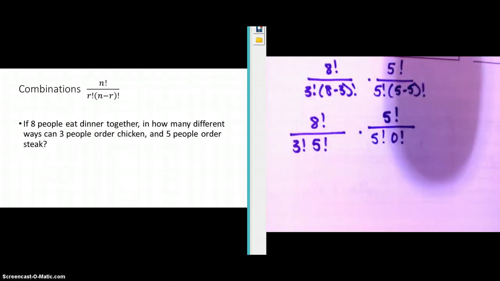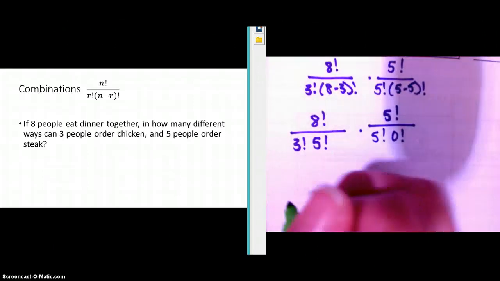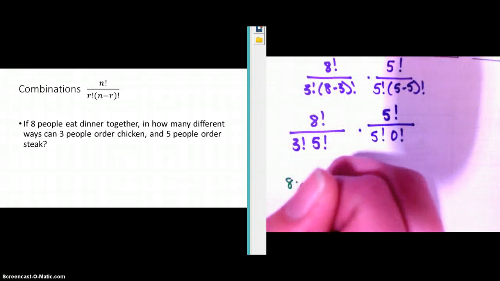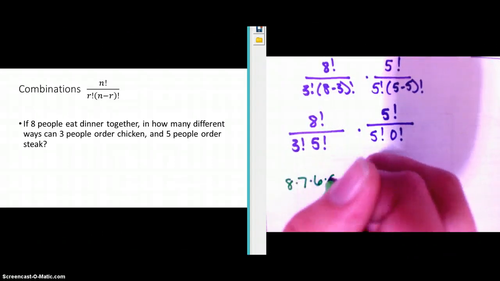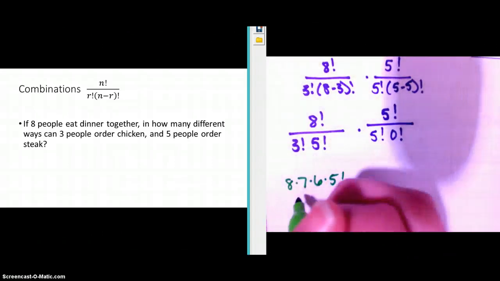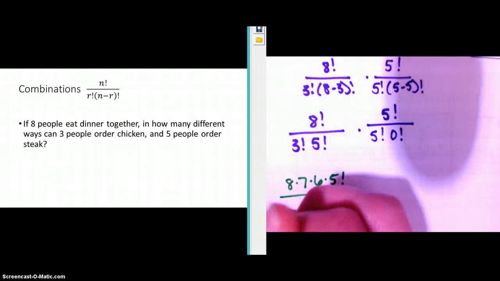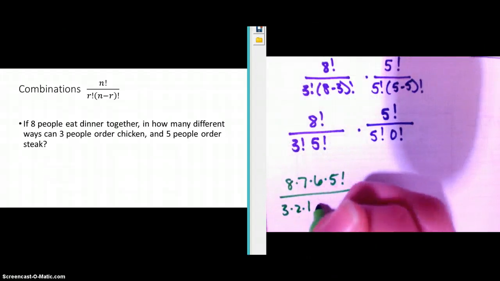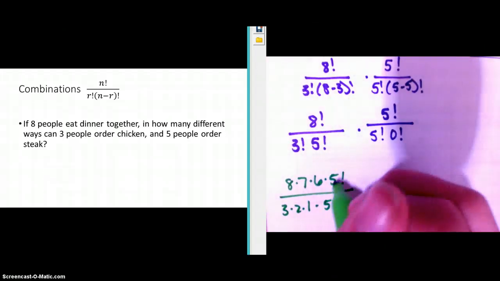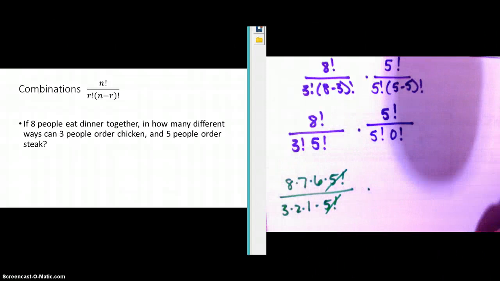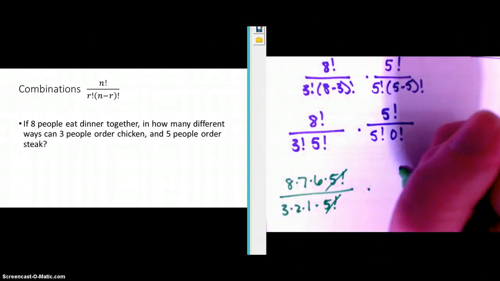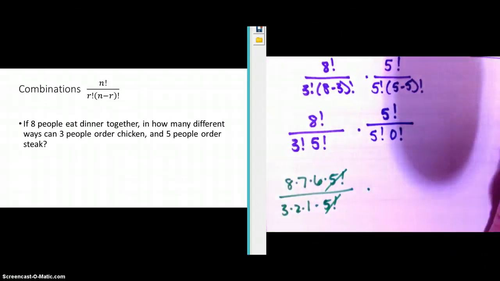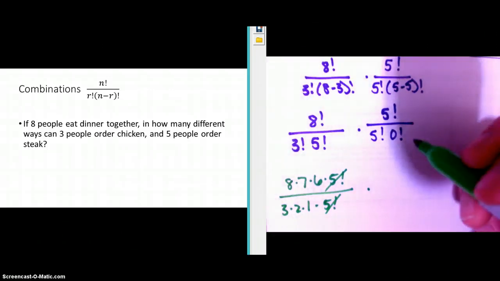So when we simplify all of these out, we would have 8 times 7 times 6 times 5 factorial over 3 times 2 times 1 times 5 factorial, those cancel, times, this one you have 5 factorial over 5 factorial is already 1, so then you have 1 over 0 factorial.